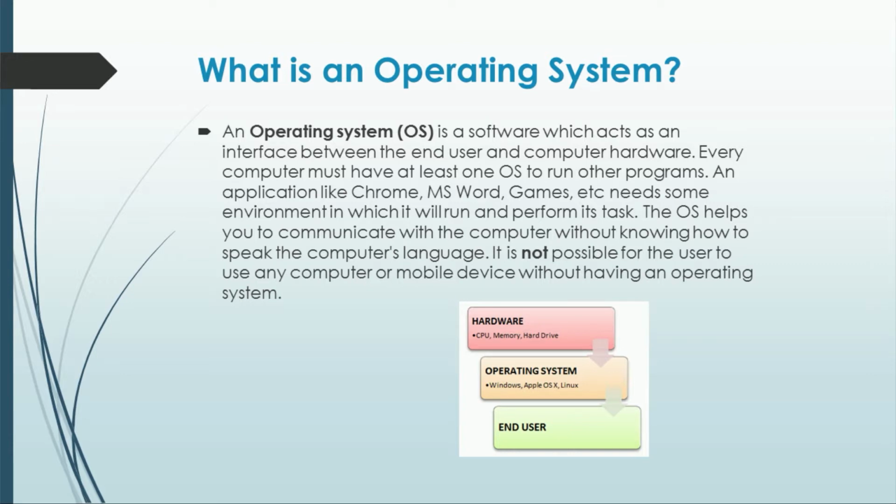An application like Chrome, Microsoft Word, games, etc. needs some environment in which to run and perform its task. The operating system helps you to communicate with the computer without knowing how to speak the computer's language. It is not possible for a user to use any computer or mobile device without an operating system.